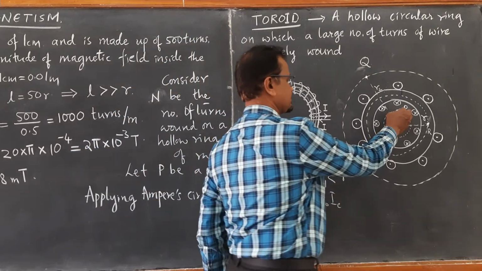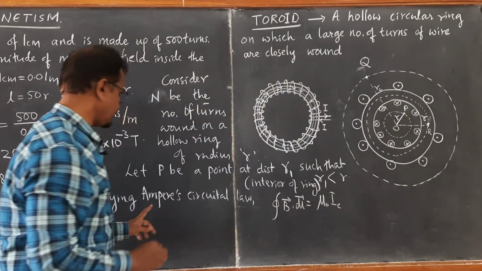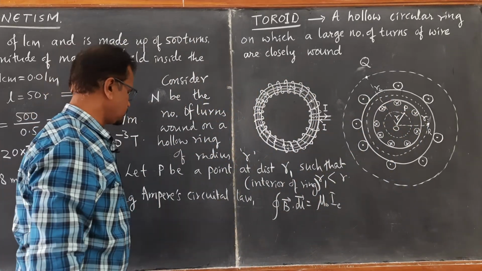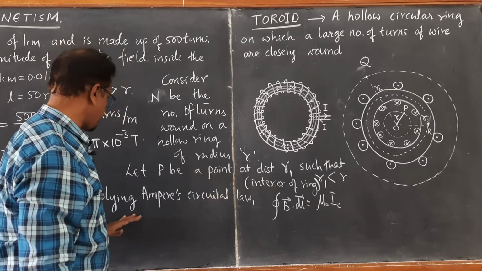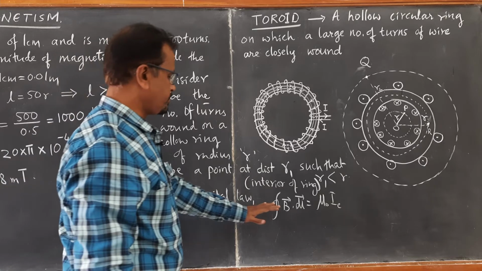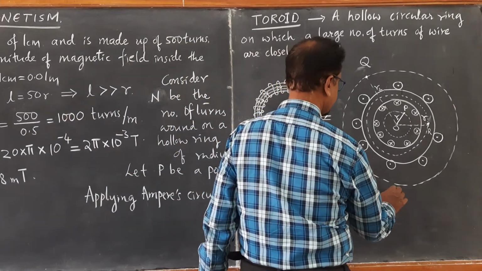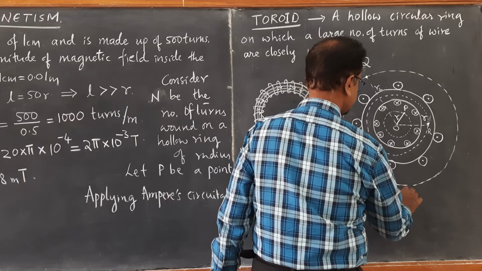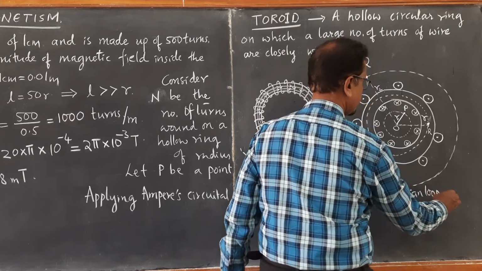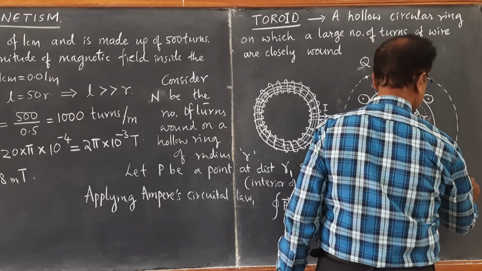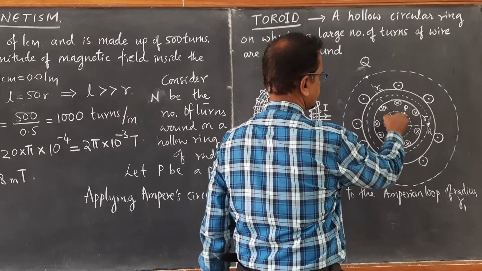When you look at this Amperian circular loop of radius small r1, applying Ampere's circuital law, B dot dl to the constructed Amperian loop of radius r1, this one.